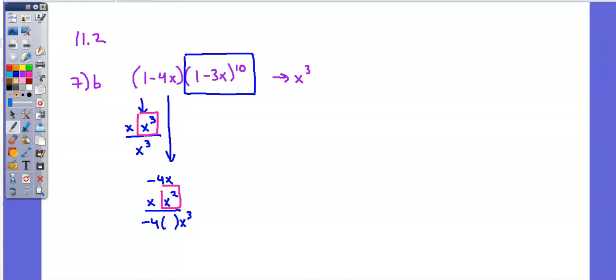Let me show in my first multiplication on the left, the x^3: there's going to be some coefficient, 1 from the (1 - 4x), times some coefficient that I find from my expansion times x^3. So let's work on the right side.